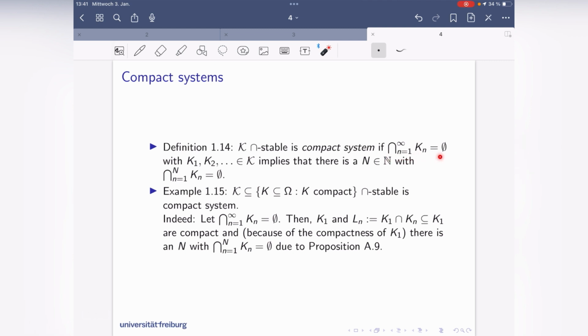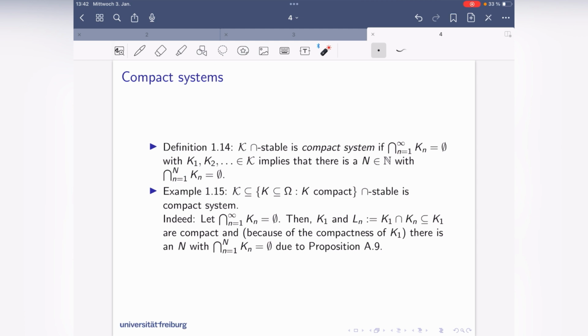But let me mention I can also turn this around here. So I can also say it's a compact system if and only if this here is not the empty set, so it's unequal empty set for all n, then this intersection here is also not empty.